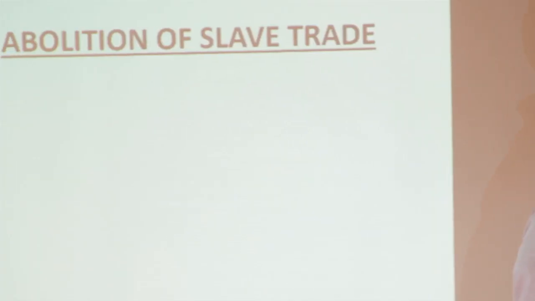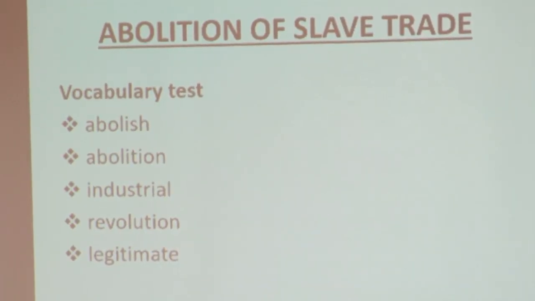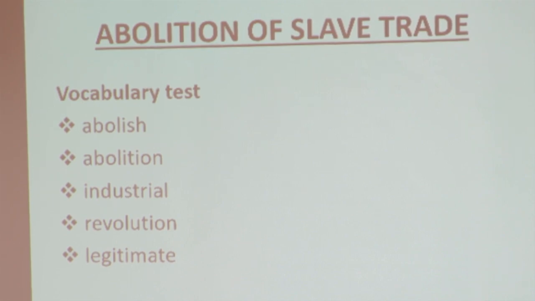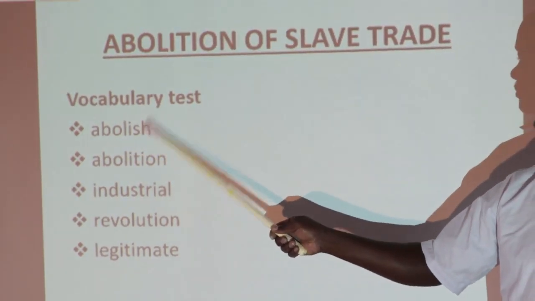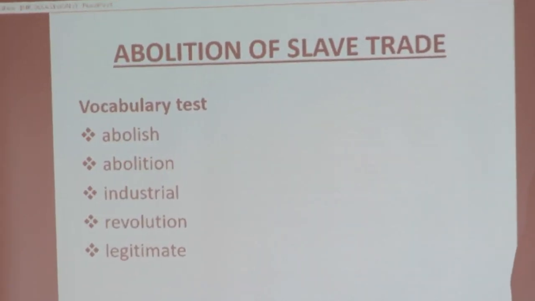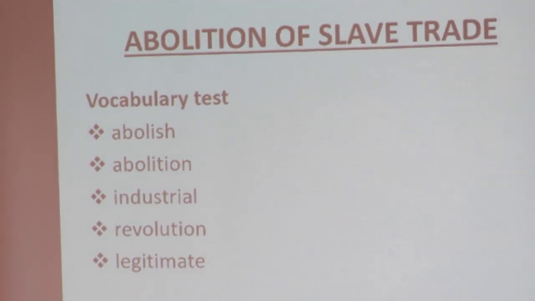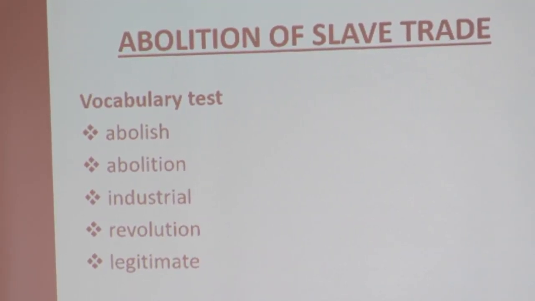So our words are there. Now our first word is abolish. Write it well. If yours is wrong, please cross. Whether it's one letter missing, please cross it and write the correct one.